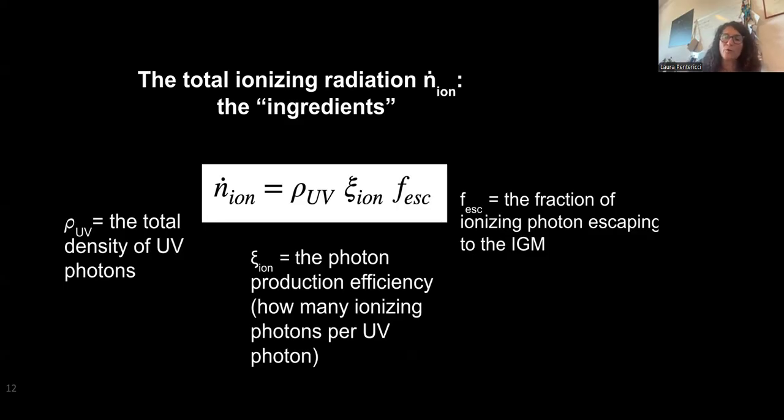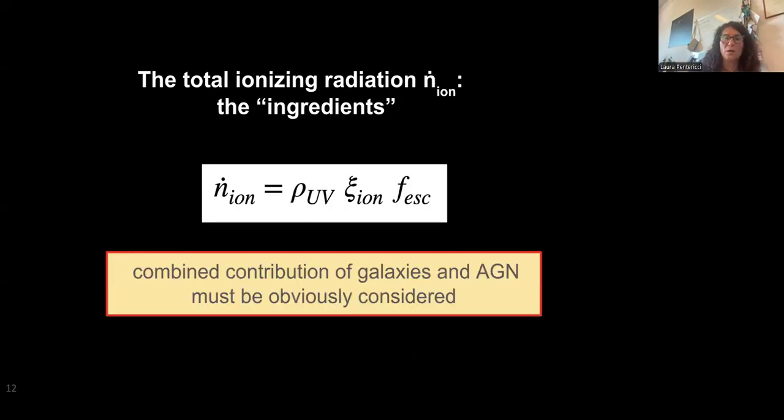Then you have the photon production efficiency, which tells you how many ionizing photons are produced per UV photon. And finally, you have the famous escape fraction, which is the fraction of ionizing photons that escape into the IGM. So the combined contribution of galaxies and AGN must obviously be considered.